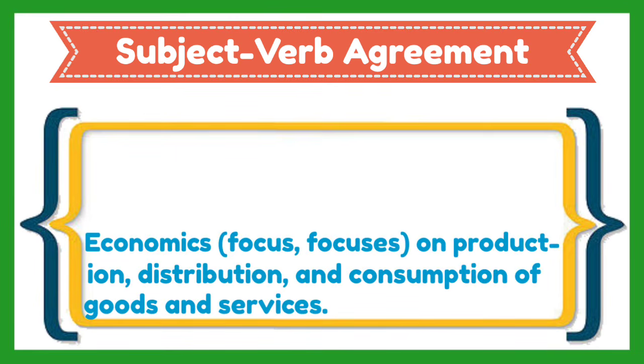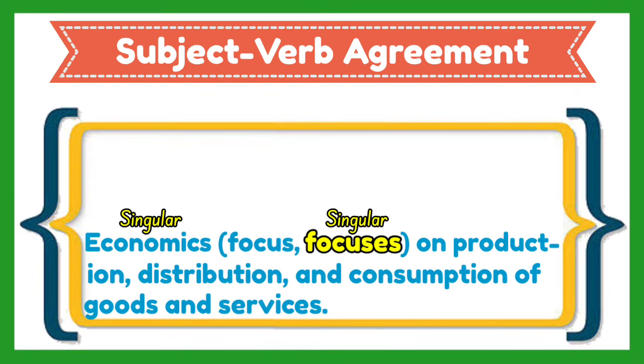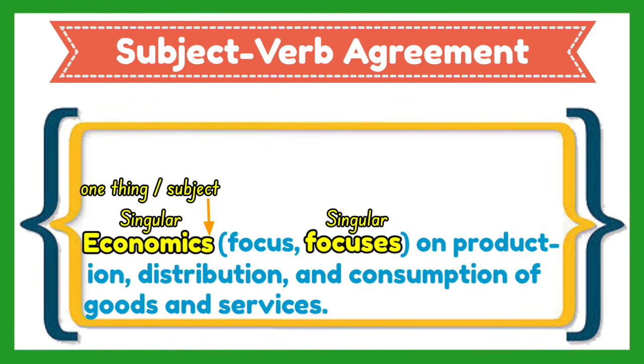Another item. Economics focuses on production, distribution, and consumption of goods and services. The answer is focuses, because the subject is singular. Economics, even if it ends in S, it refers to only one thing or subject.